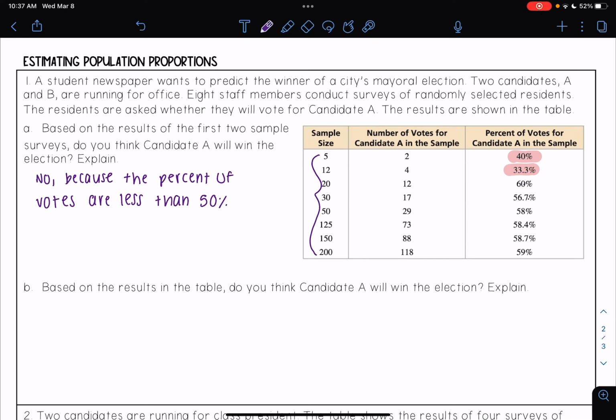And so I see as the sample increases, the estimated percent of votes approaches 59%.